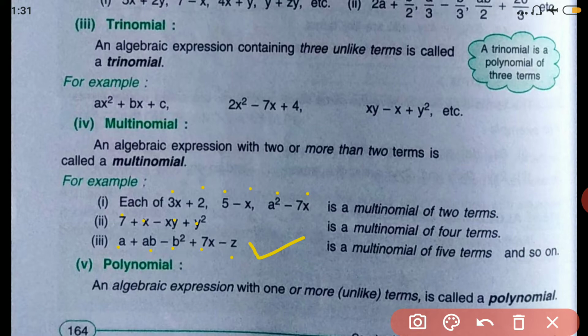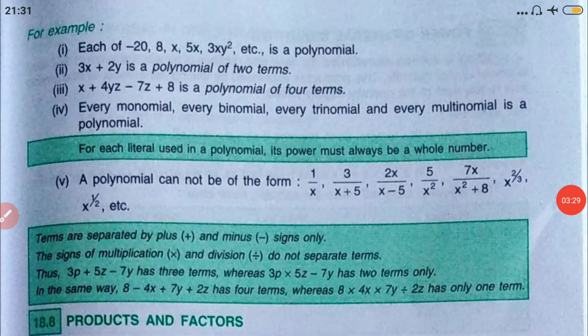An algebraic expression with one or more unlike terms is called a polynomial. For example, minus 20, 8x, 5x, 3x square, 3xy square, etc. are polynomials. So here you can see polynomial differs from a multinomial, right?